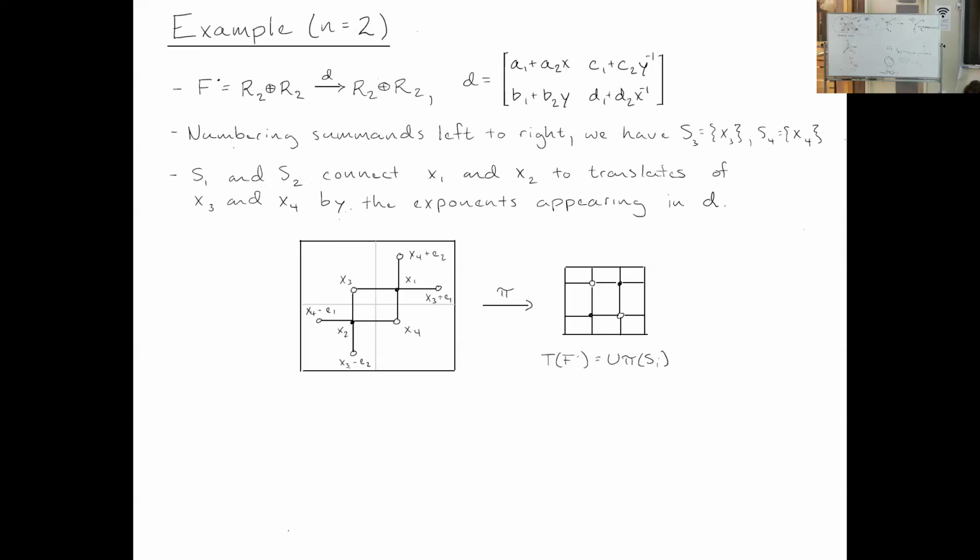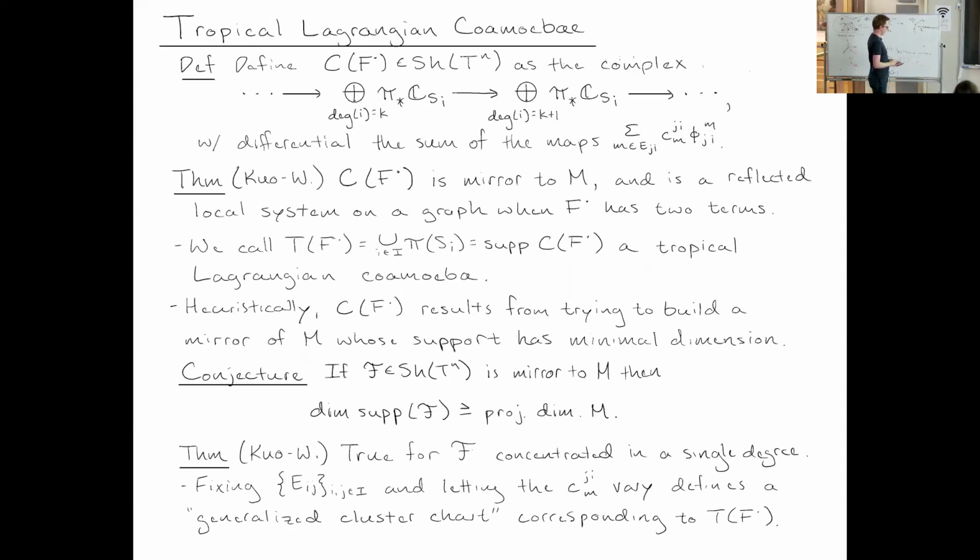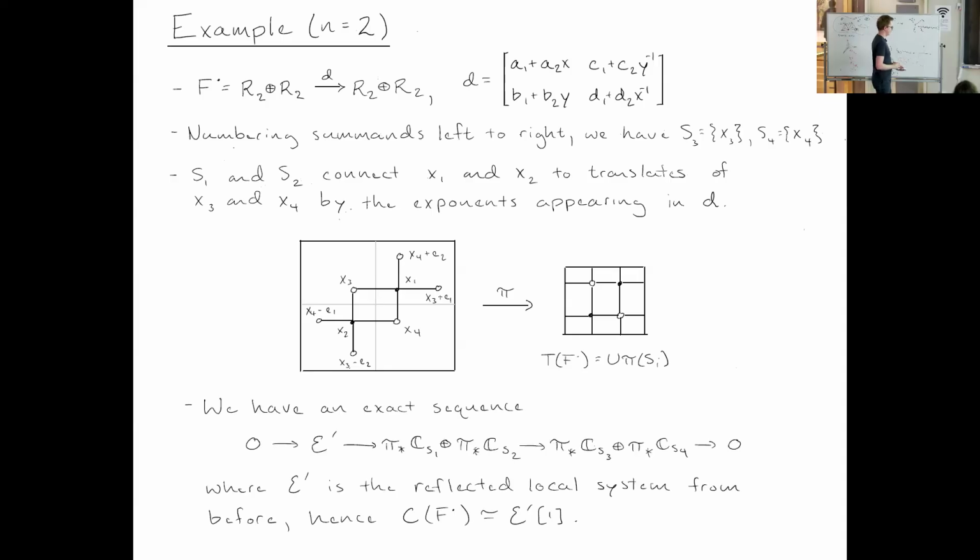S2 is this plus sign thing. And when I look at the image of those, I get back the graph that we started with. And when I take the sheaf, on the previous slide I said to look at this complex here. What does this complex look like? This part is just skyscraper sheaves at the points x3 and x4, so they're skyscrapers at the white vertices. And then this is the sum of the constant sheaves on the two plus signs.